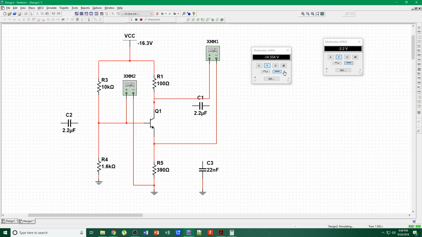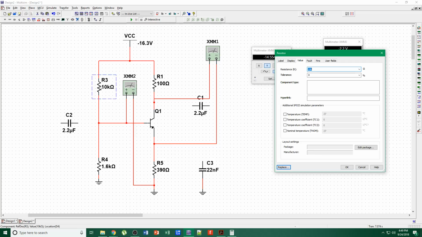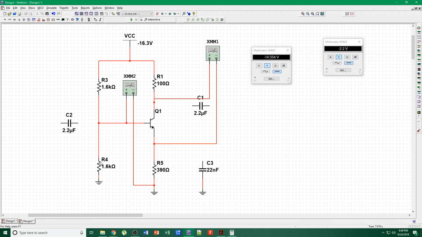Oh, sort of. 2.2 volts and 14, in the opposite direction. This is not exactly what I wanted. 1.6K. I wanted the opposite direction. I want 10K down here.